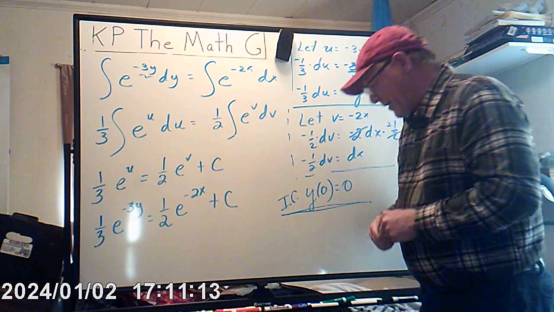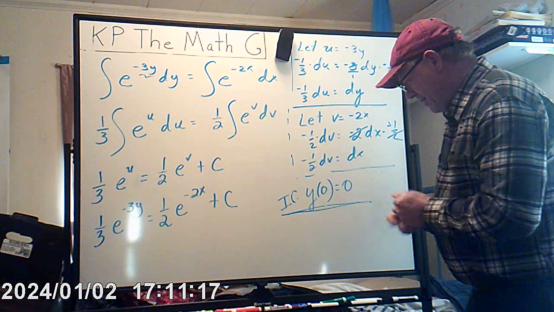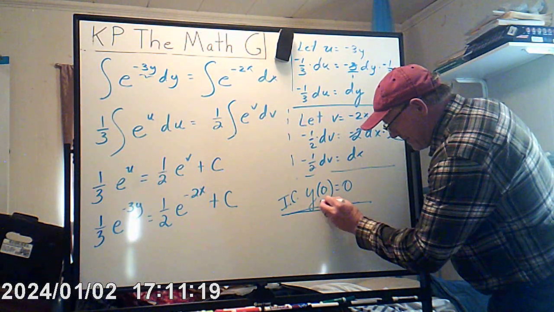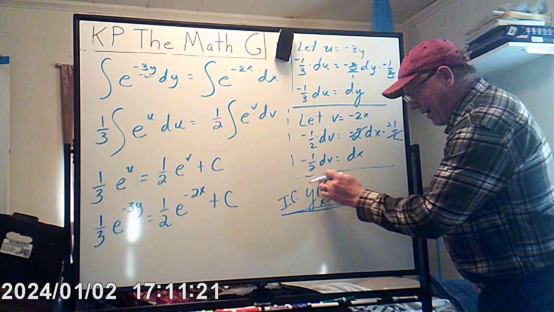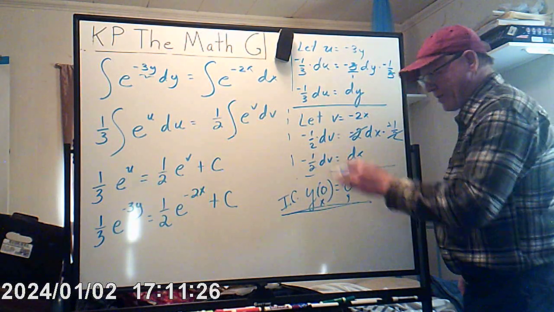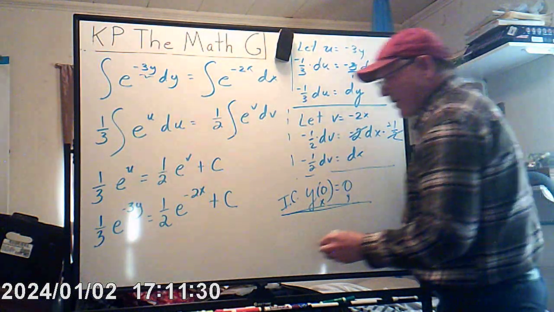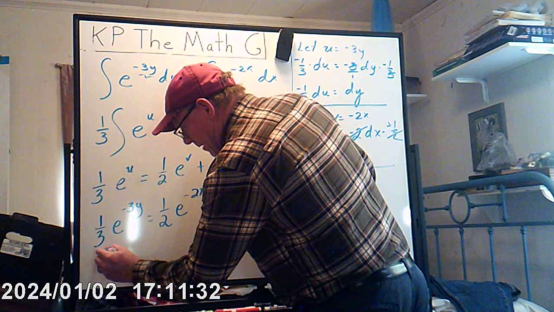Plus c. Now, y at 0 is 0. This is x. This is y. Y at x equals 0 is the y value. So it doesn't matter, both x and y are 0. Alright, so here we have it.